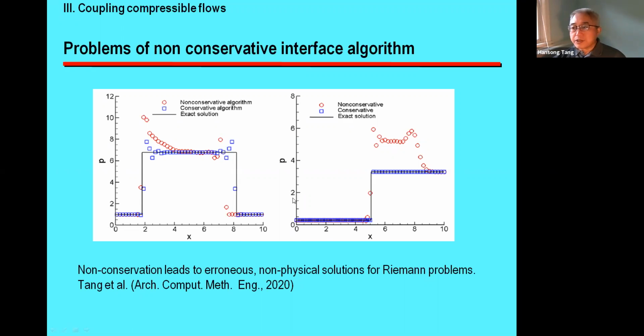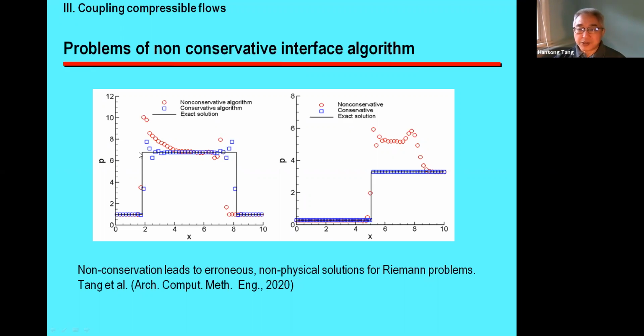Here I gave 2 examples, but I will just talk about this one. In this case, the solid line is the exact solution. A shock wave is moving towards the left here, and another one is moving towards the right. With the non-conservative interface algorithm, solutions are in red. You can see at this location, the shock wave is computed at this height.